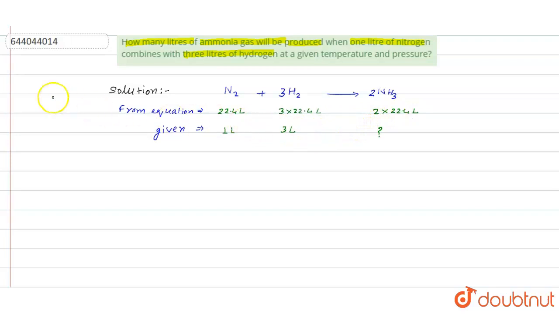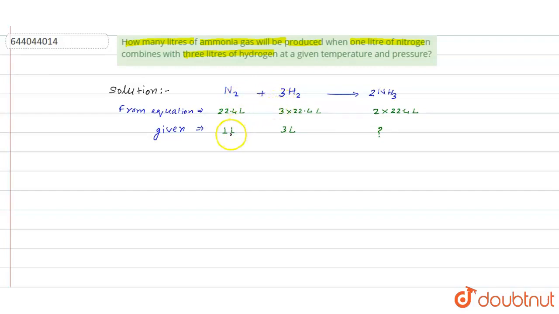Now we have to find the limiting reagent, either N2 or H2. The equation says that 22.4 liters of N2 reacts with 3 times 22.4 liters, which means 1 volume of N2 reacts with 3 volumes of H2.